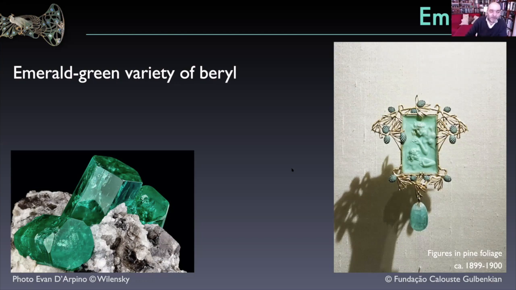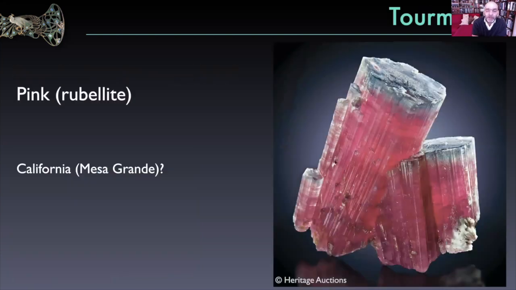So, another one, tourmaline. Now we are used to seeing tourmaline in high-end jewelry, but not in those days. Actually, this one in your picture is from California, but we don't know where his tourmalines came from in those days. We know that in Mesa Grande in California, some really nice pink tourmalines were being exported to China through, I think, Tiffany's.